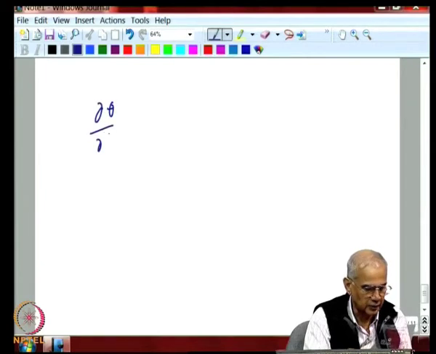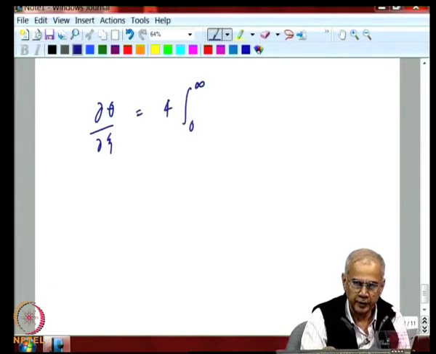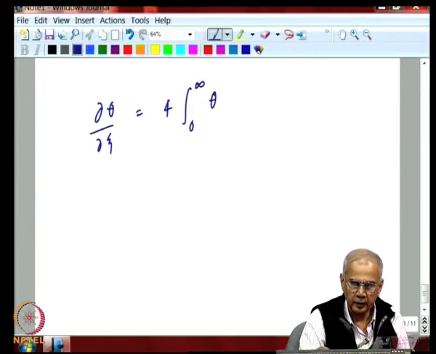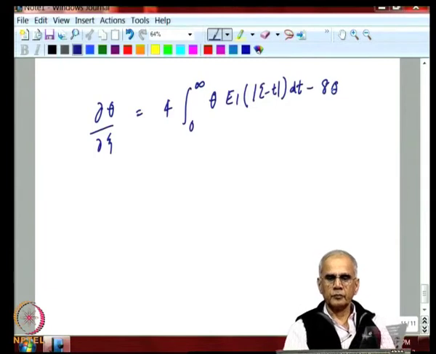delta theta delta psi is equal to 4 integral 0 to infinity theta E1 of tau minus t dt minus 8 theta. Okay.